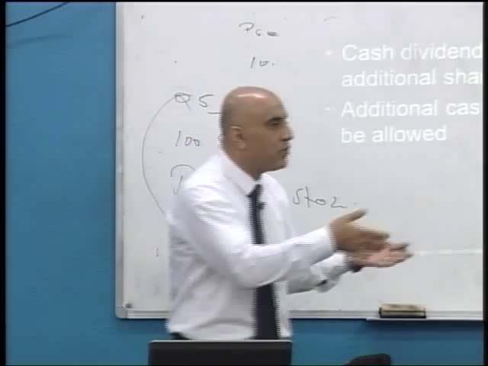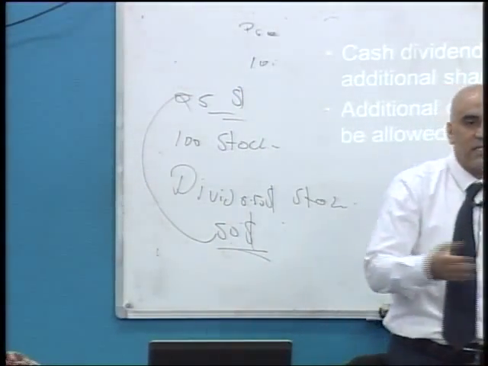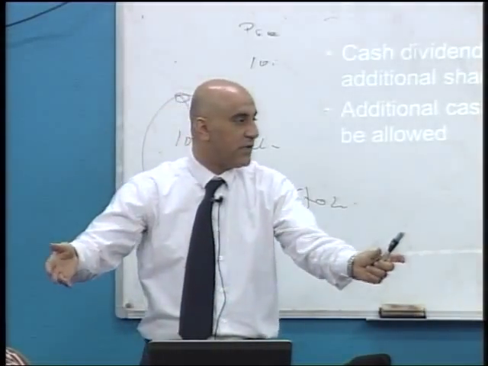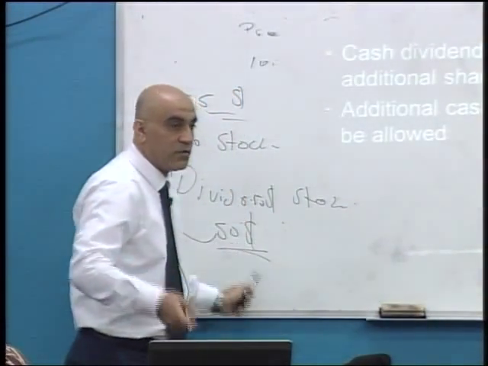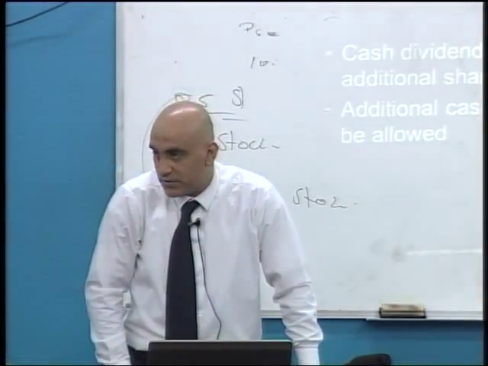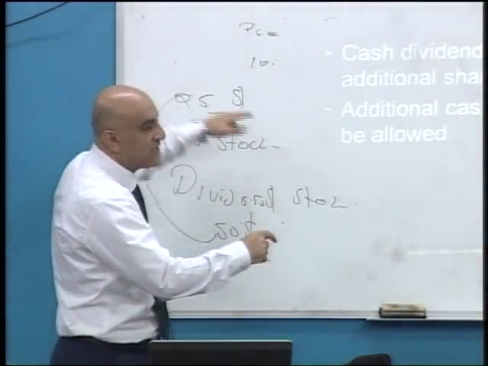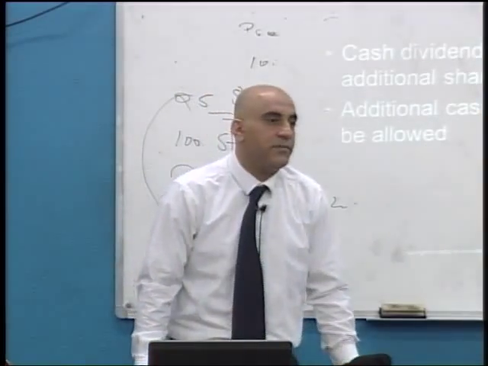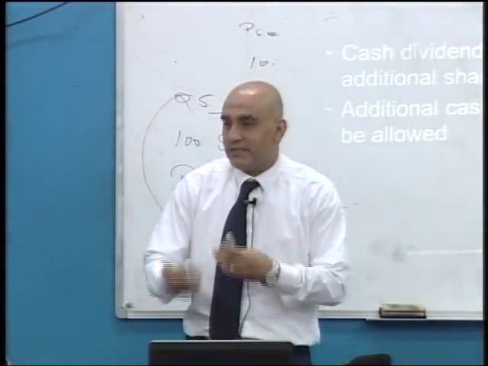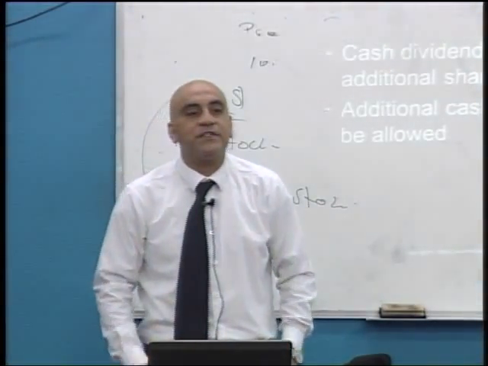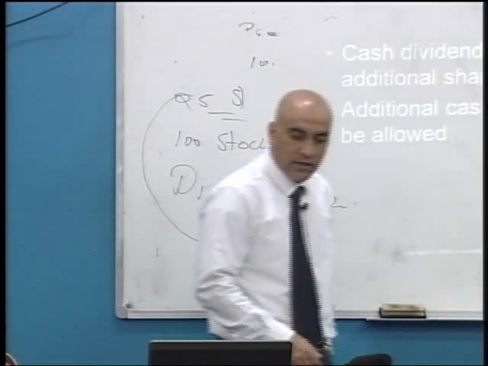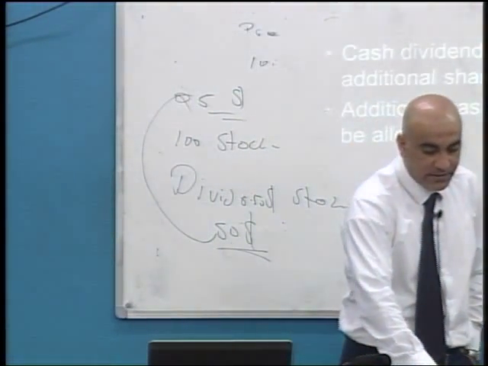If you have $100 in your bank account as a deposit, you say, okay, this $50 is coming from the dividends, so I will add another $100, so it becomes 150, and you can reinvest it in this company. Why do they do this? Because they want to encourage investment by using the reinvestment plan policy.